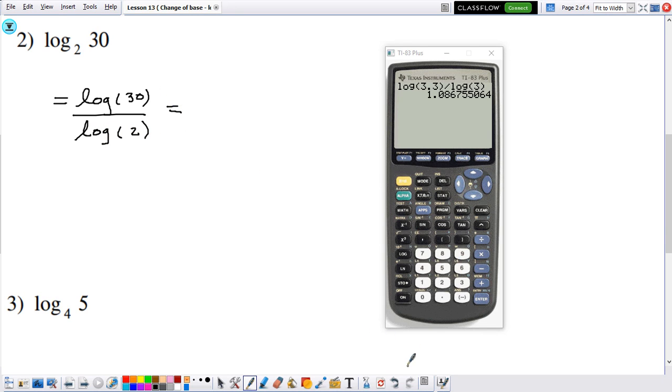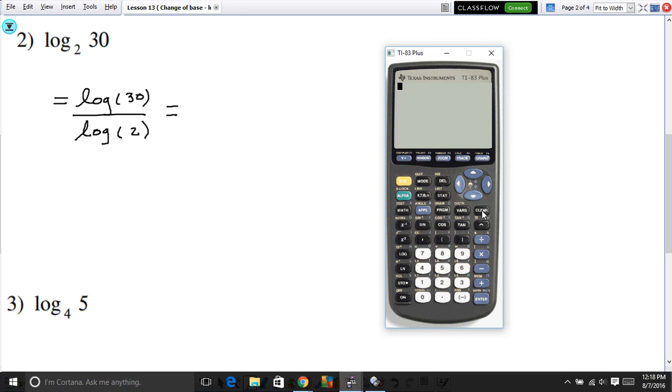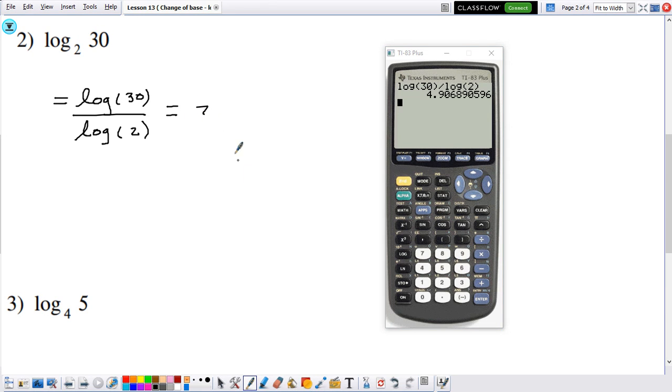Once we have this, then we can use our calculator. You're just crunching your numbers, and that's pretty much it. Log of 2. So now this becomes 4.91. I always like to round to the nearest hundredth.